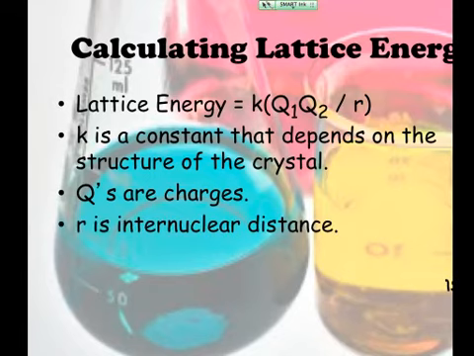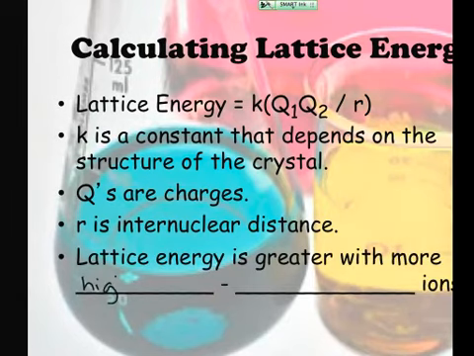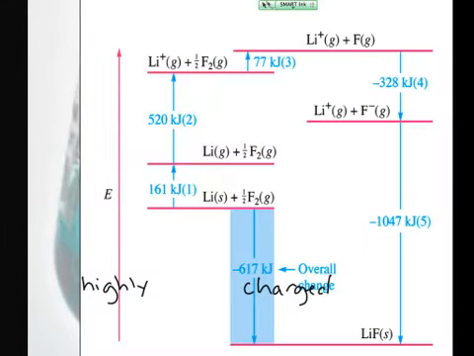So the lattice energy will be greater if we have more highly charged ions, because then your Q's would get bigger. That also means they would be forming stronger bonds, right, if it takes more energy to break it. And we would anticipate then a higher melting point, a higher boiling point, and all of the other physical properties that go along with having a higher lattice energy.